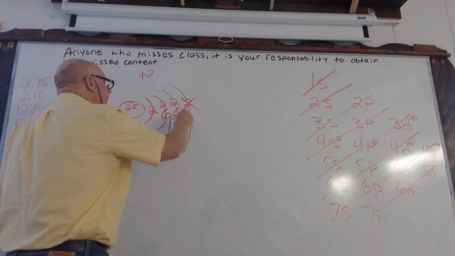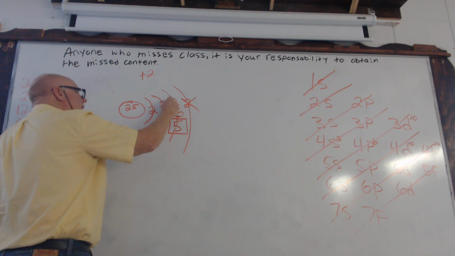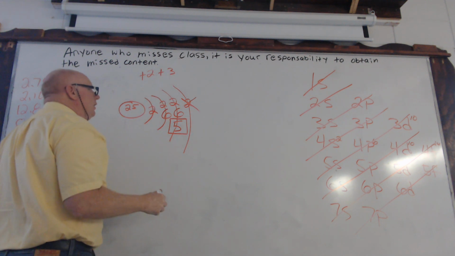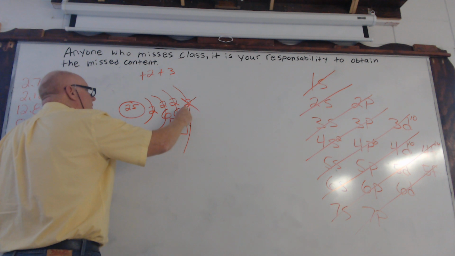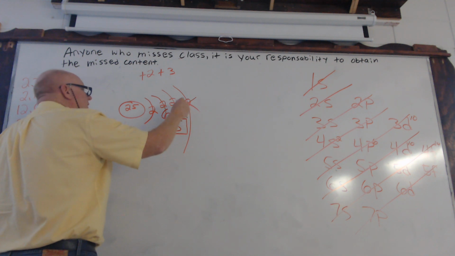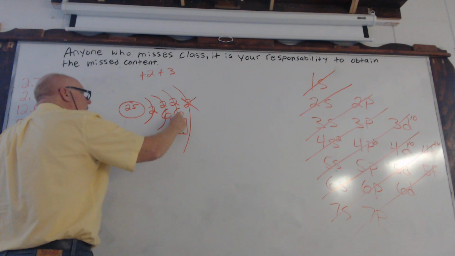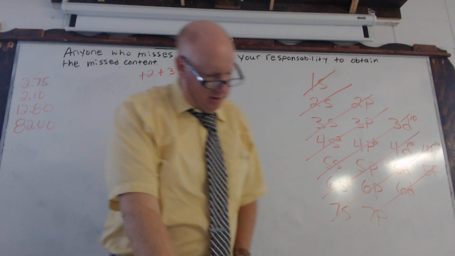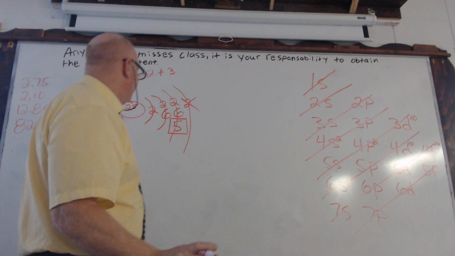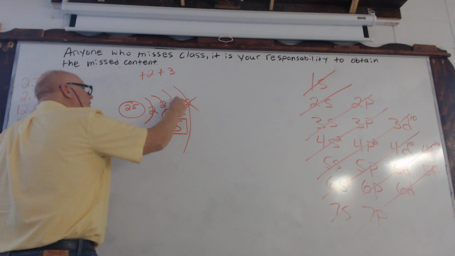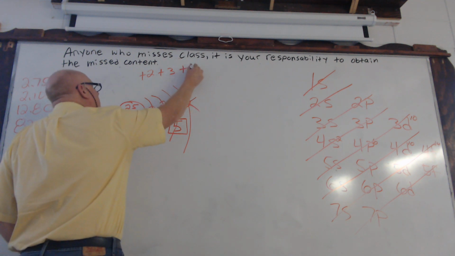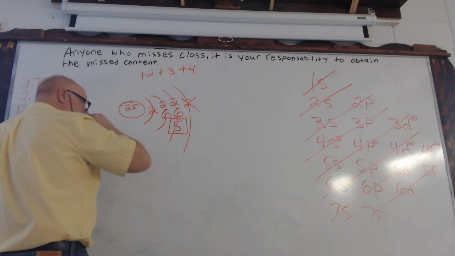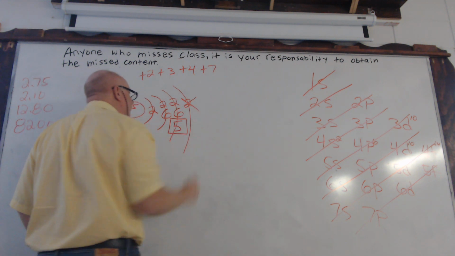If we take that 2 out and only one of these, that gives us what? Plus 3. If we take this one out, and then half of this one, although 5's not on there, is it? I think it's 4. So then maybe take this one and both of those. That would give you a plus 4. And maybe it takes this one and then all of those. Excuse me, that would give you your plus 7.